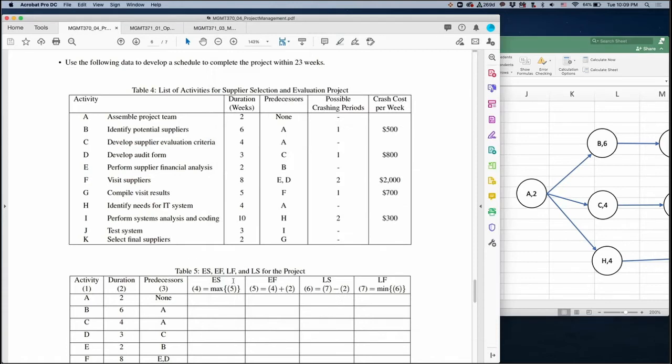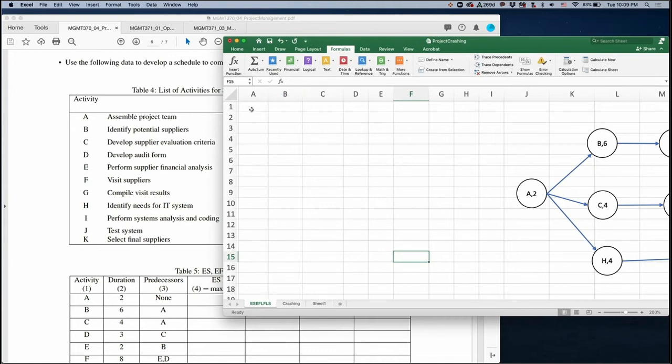So activities A, B, C, D, E, F, G, H, I, J, K, and durations 2, 6, 4, 3, 2, 8, 5, 4, 10, 3, 2. So these are the durations. Predecessor for A: none.